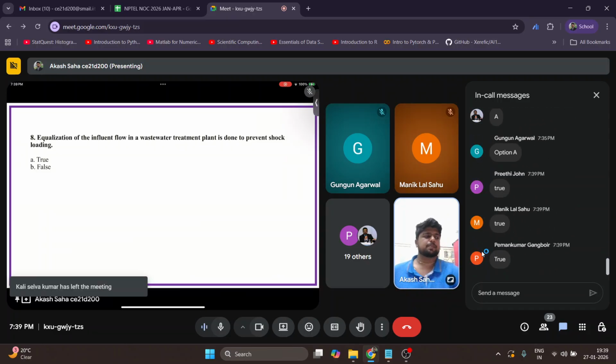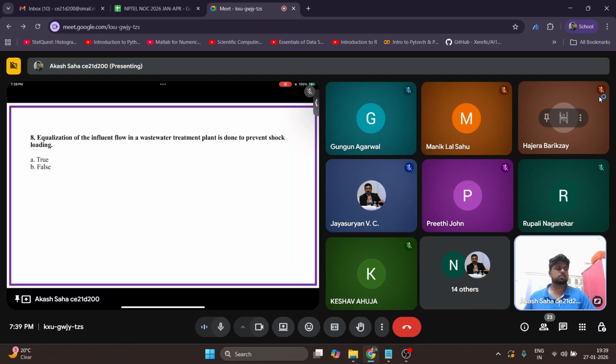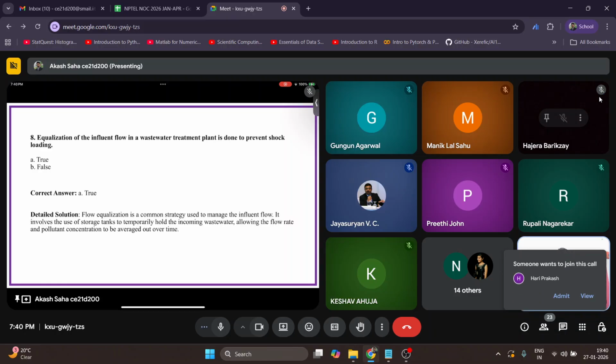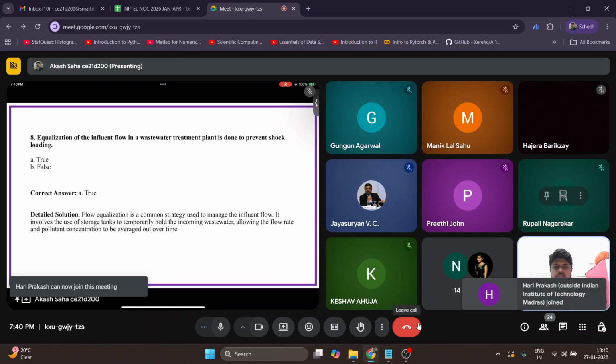As most of you are answering true, this is correct. So you know that when the wastewater influent comes into any sewage treatment plant, after the basic screening or the grit removal, we have an equalization tank. Why is it required?